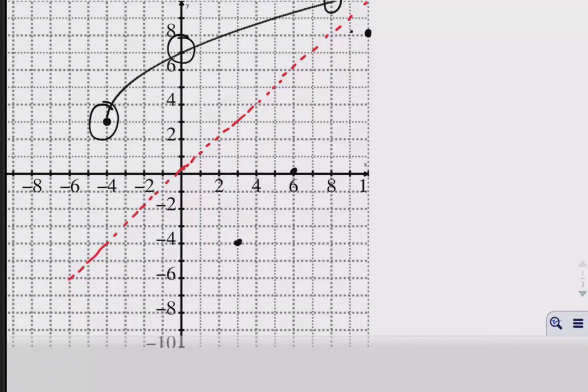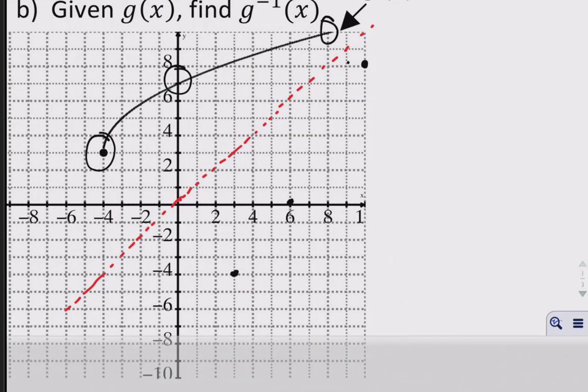And time to graph. So what is this going to look like? Is that right? Just draw this here. So that was -4 and 3, so 3, -4.